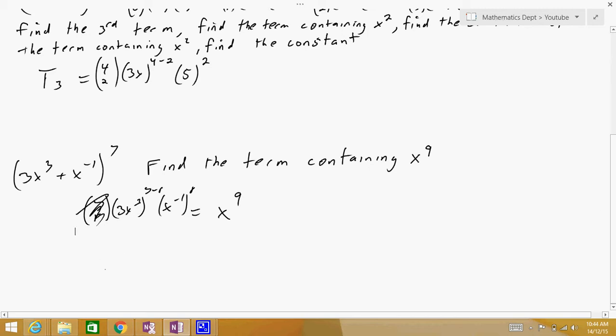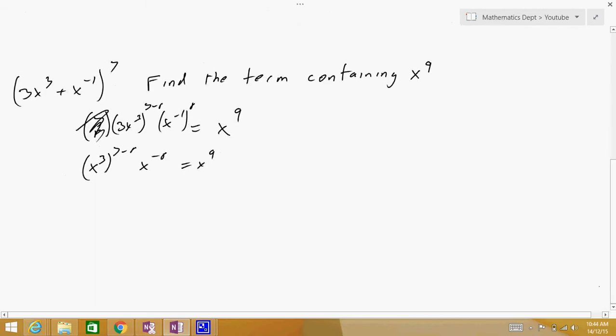So I realize that this is going to be x to the power 3 to the power 7 minus r, x to the negative r, is equal to x to the power 9. Once again, I'm forgetting about the 3 just because I'm not worried about the numbers at this point. And this is going to be x to the power 21 minus 3r, minus r, is equal to x to the power 9.